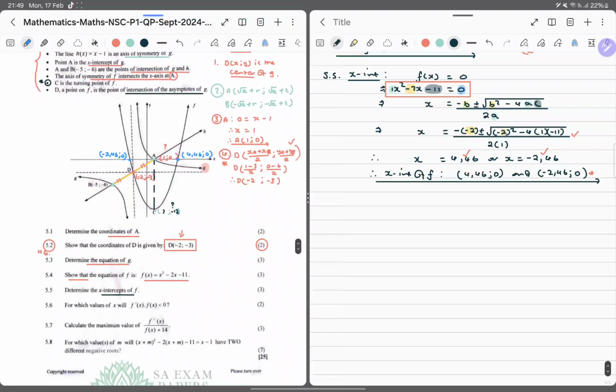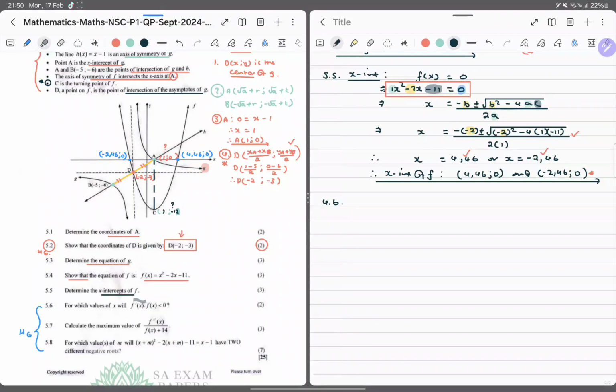4.6 says determine the values of x for which f(x) times f'(x) is less than 0. Okay, let's do it here. Now, guys, look at these questions. These are the higher order questions, right?